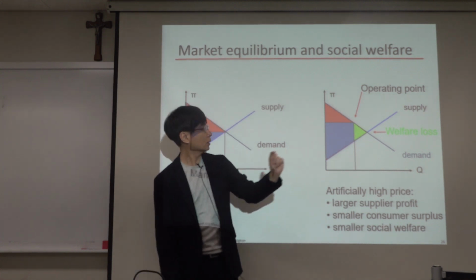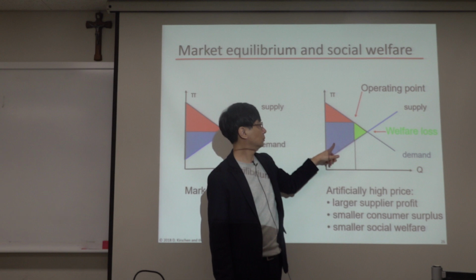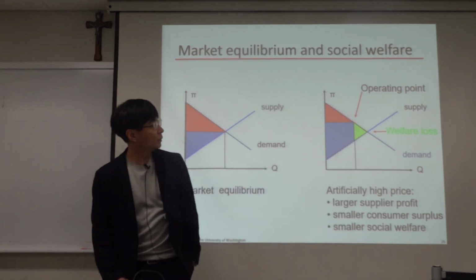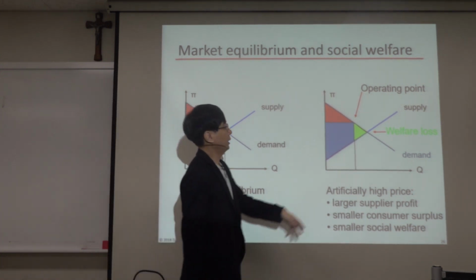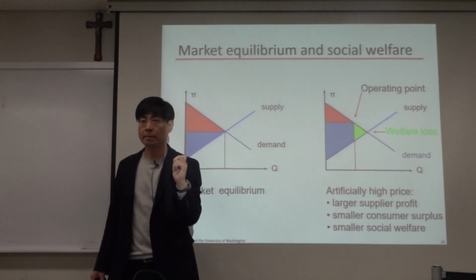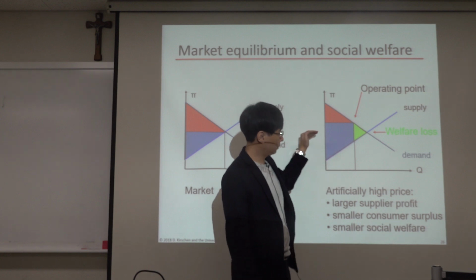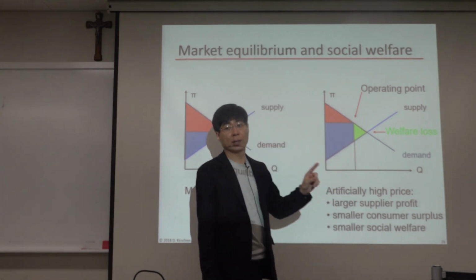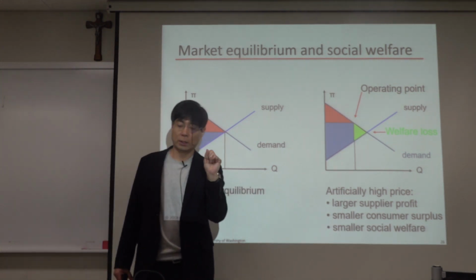But the sum of these two, the social welfare, is reduced by this amount. So this green area is called welfare loss. In your textbook, this area is called deadweight loss. So if the price is different from the market clearing price, then we have welfare loss. That means we didn't achieve optimality.